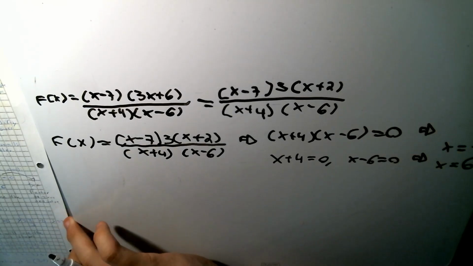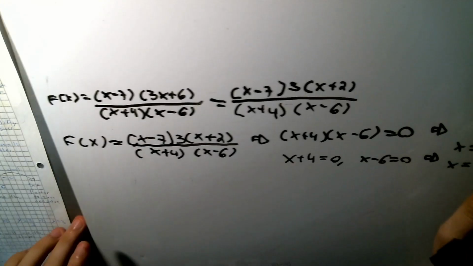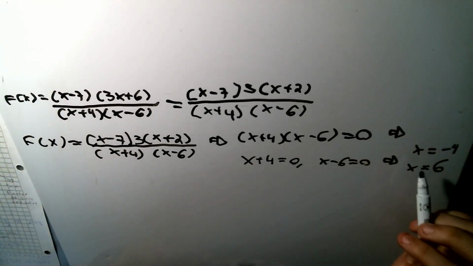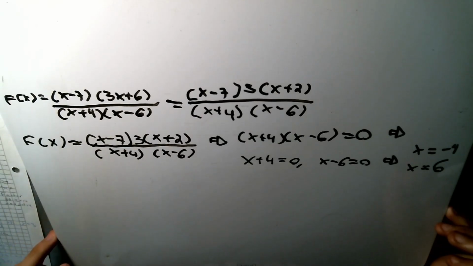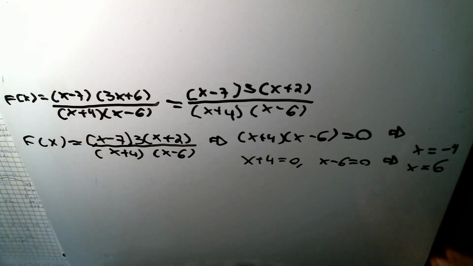There is the x equals minus 4 and x equals 6. This is our vertical asymptotes. Now we'll calculate the horizontal asymptotes. We will use the coefficients of the highest exponent and divide them.